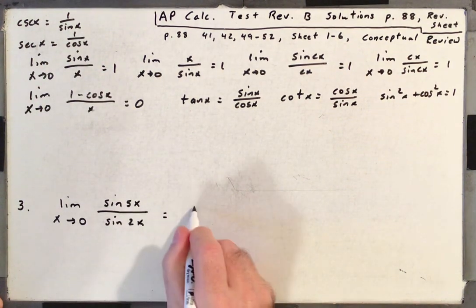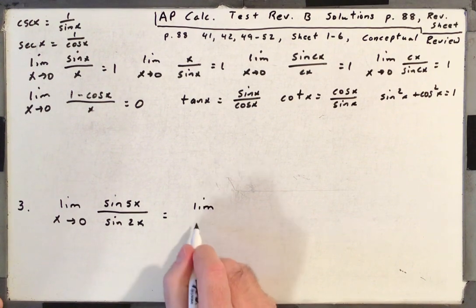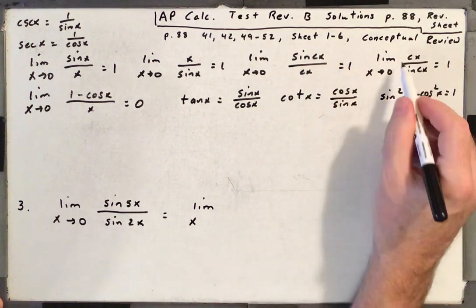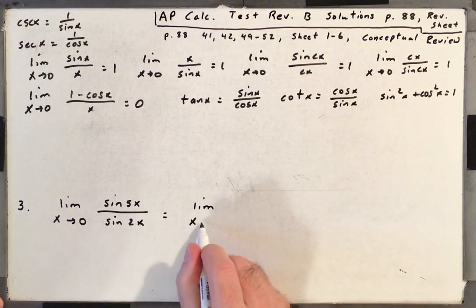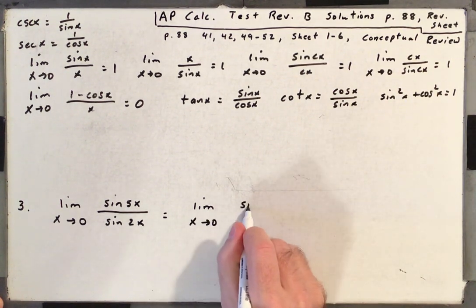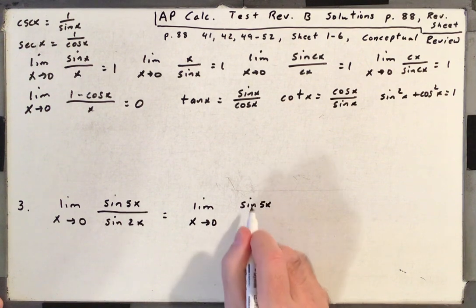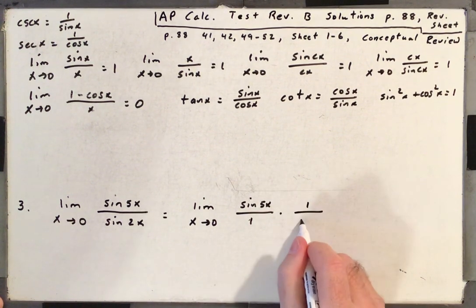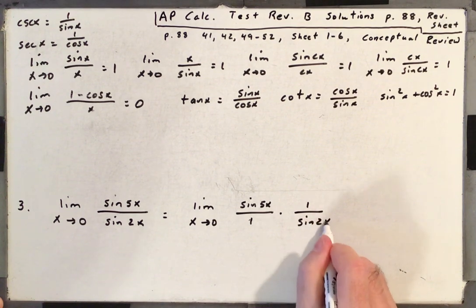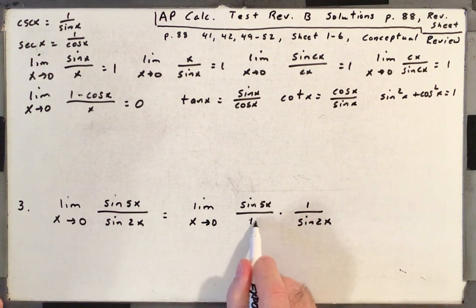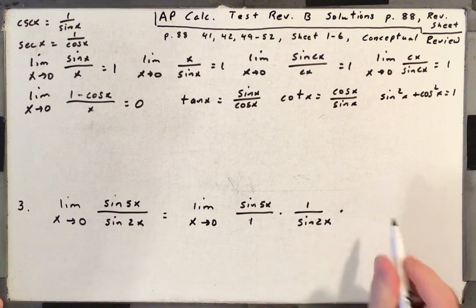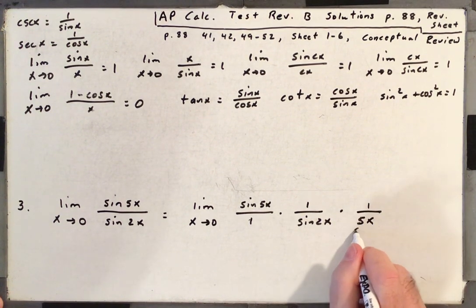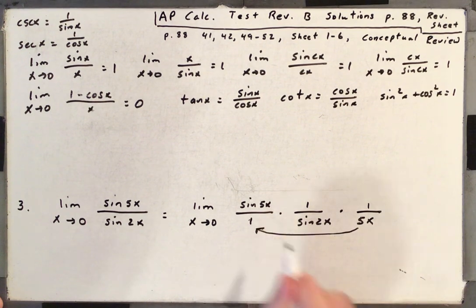Well, I'm going to need to break this up so that I can make it look like this right here and this right here. So the limit as x approaches 0 of sine 5x over 1 times 1 over sine 2x. Now, what do we need right here? We need a 5x. So I'm just going to put it in right there.